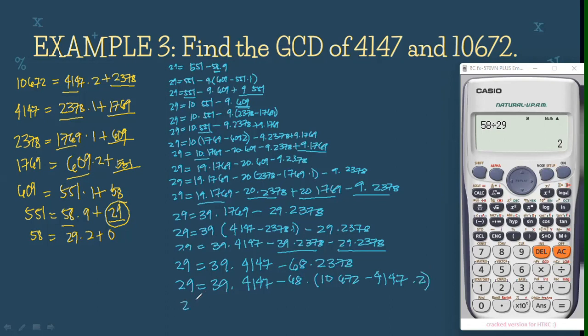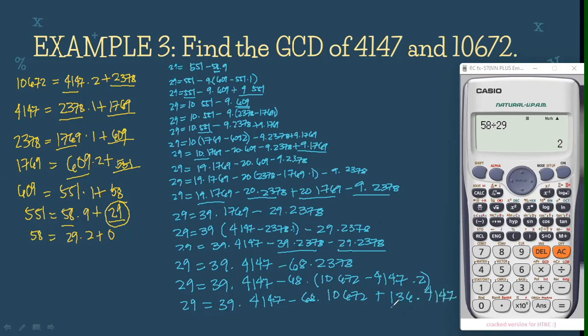We have here 29 is equal to 39 times 4,147 minus 68 times 1 times 10,672. That will give us negative 68 times 10,672 minus negative 68 times negative 2, that is positive 136 times 4,147.